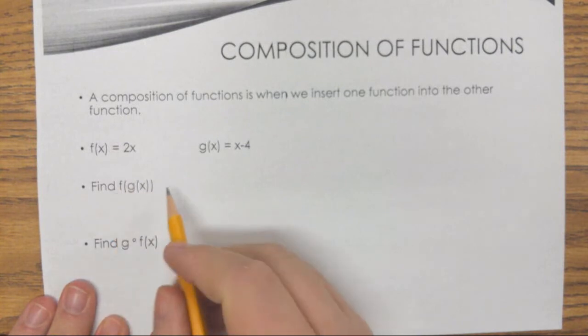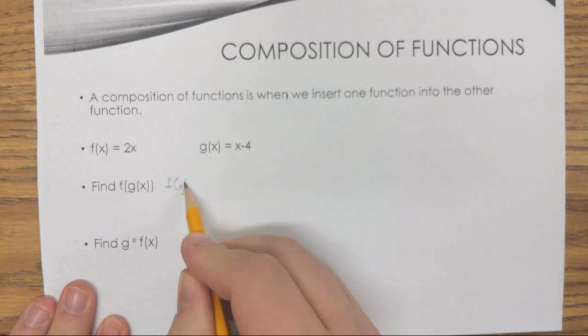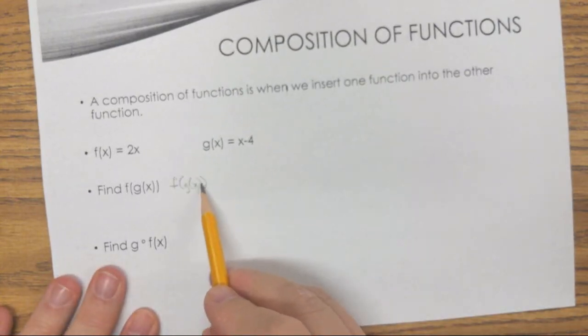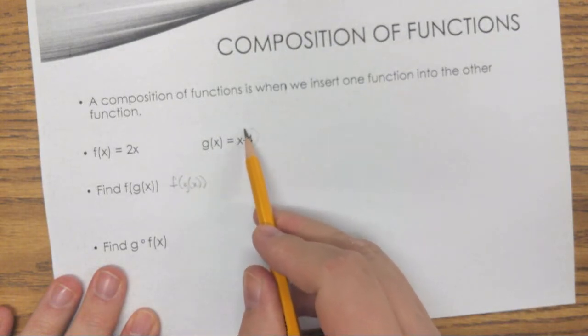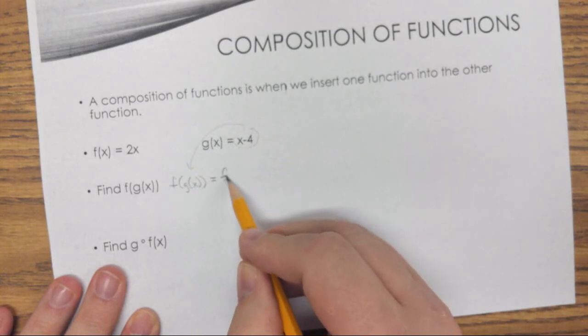You'll see them written like this. So I've got f of g of x, and what I like to do is right here where the g of x is, I'll take this whole function and plug it into this part so that I kind of know what I'm doing, and it kind of is like going back to this.